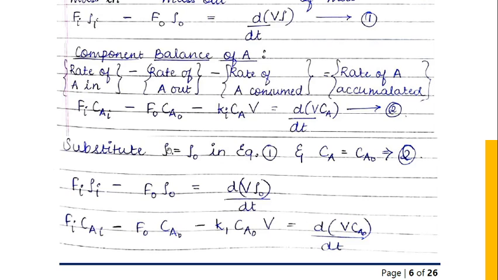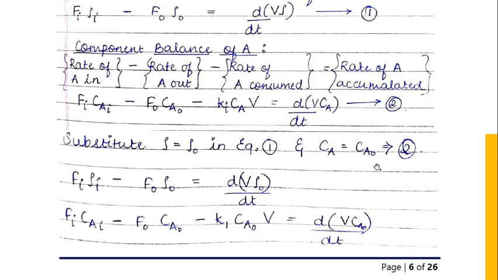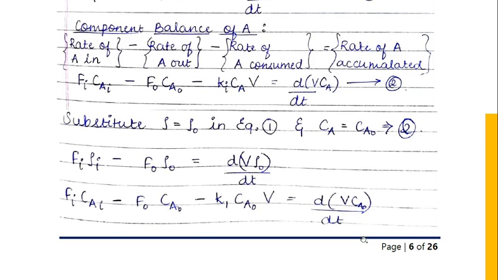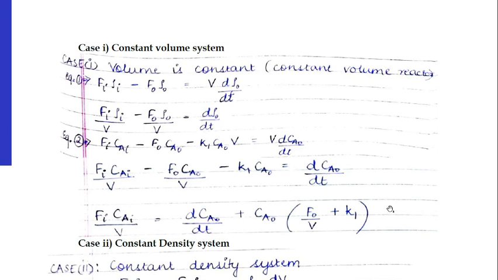That means the density in the tank will be equal to the density of the exit stream, and the concentration of A in the tank will be equal to the concentration of A in the exit stream. So let's make use of this concept here. The first case is F_i rho_i minus F_0 rho_0 equals d by dt of V rho_0, and F_i C_i. The same equation I have just rewritten over here. So let us see what modification we can make.